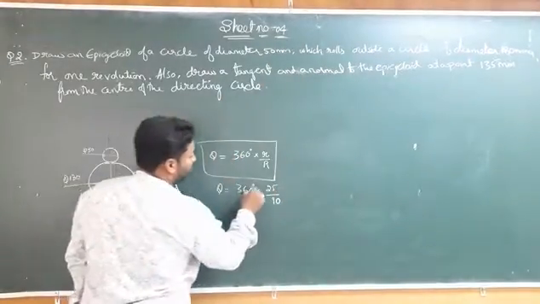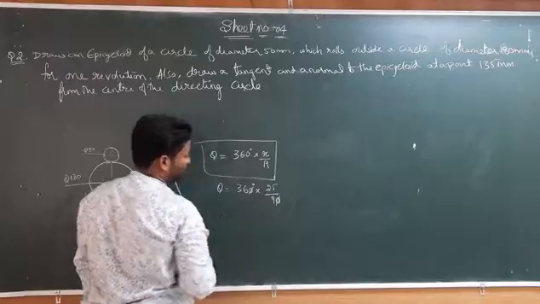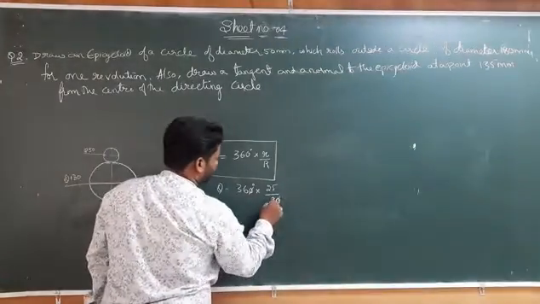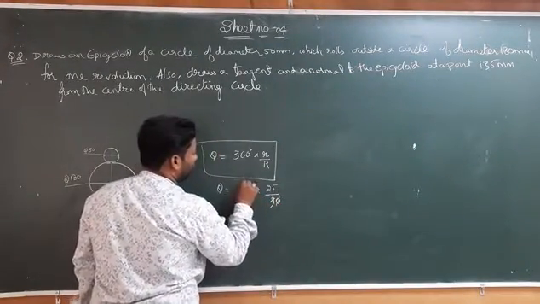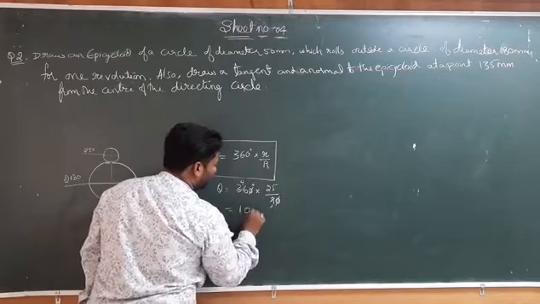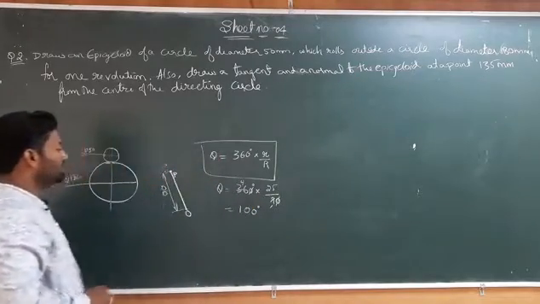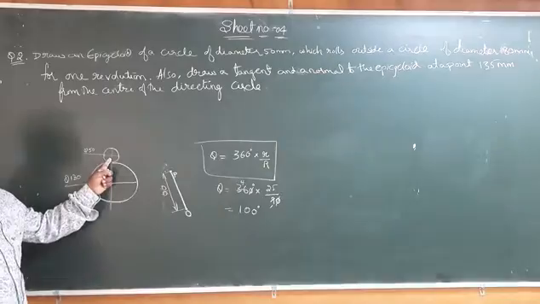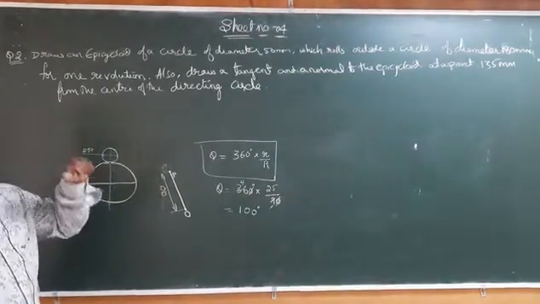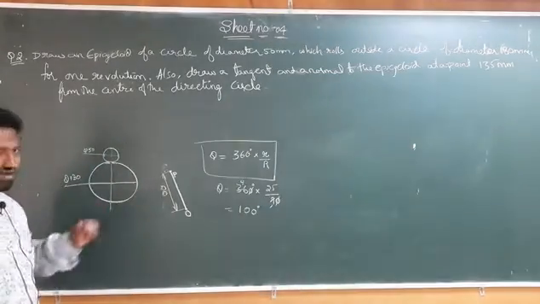So 4 into 25 is 100 degrees. The angular distance covered by the smaller roller for one complete revolution is 100 degrees.